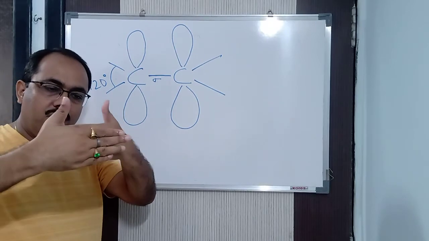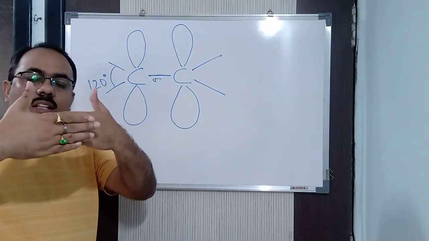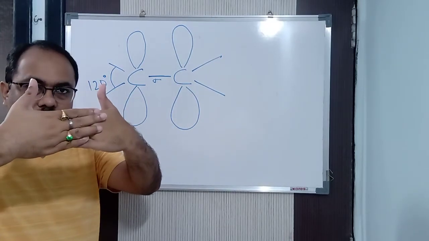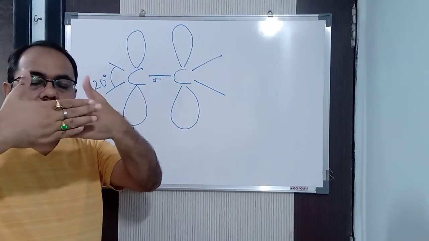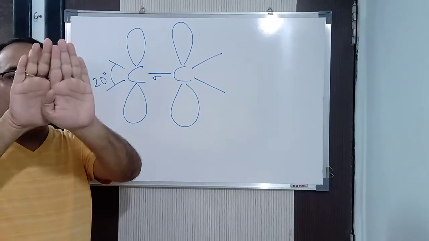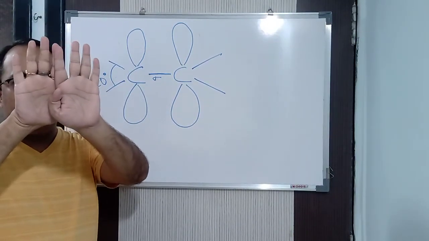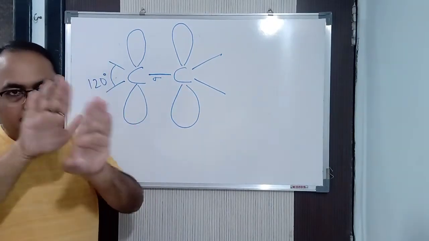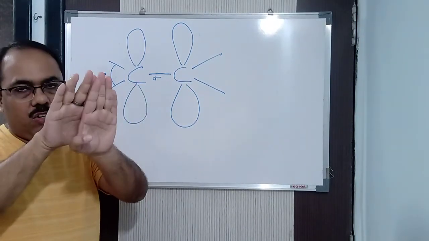The sigma bond is a strong bond. Why is it stronger? Because the overlapping is to a larger extent. See my hand here. But in the case of the pi bond, the overlapping is to a smaller extent, only this much. That is sidewise or lateral overlapping.